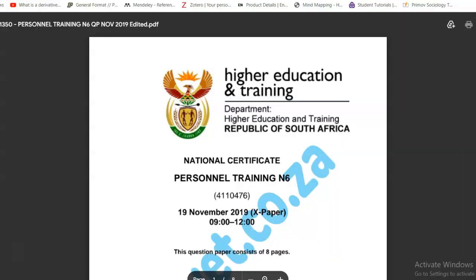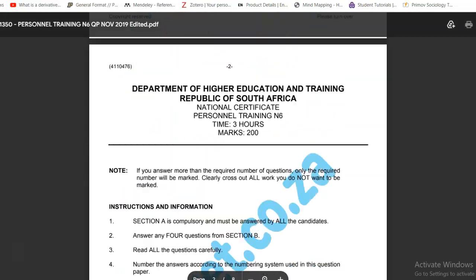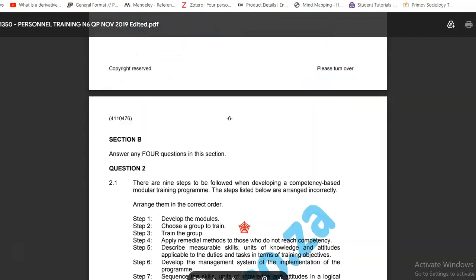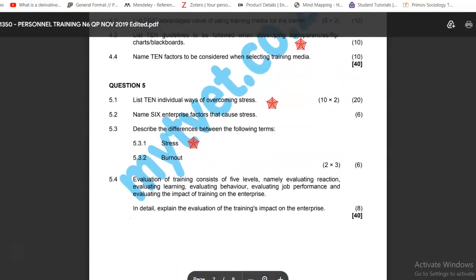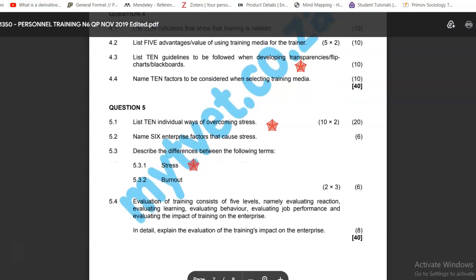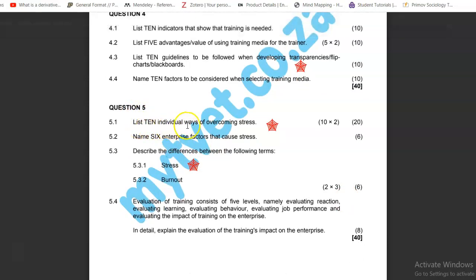Let's go for the last question paper so that we can see whether it's going to be question 5 as well. There you go. Question 5. List 10 individual ways of overcoming stress.